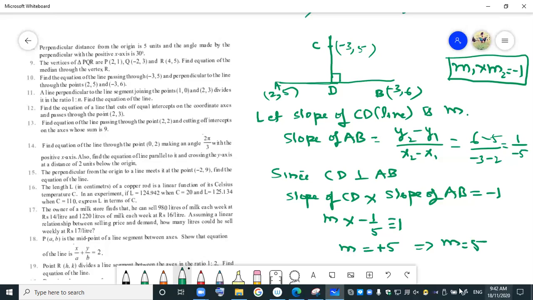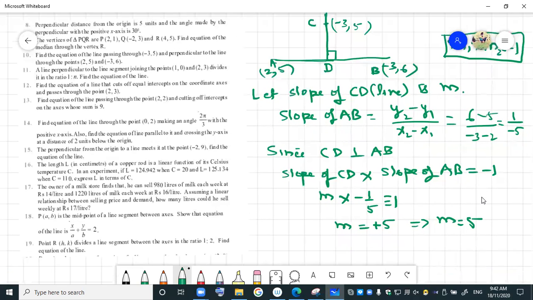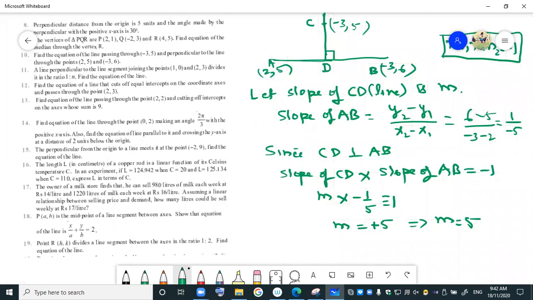Now the equation of line CD we can find by using y minus y1 equals m times x minus x1, because it is having the slope. The equation of line CD is y minus y1 equals m(x minus x1), the slope and one point form.